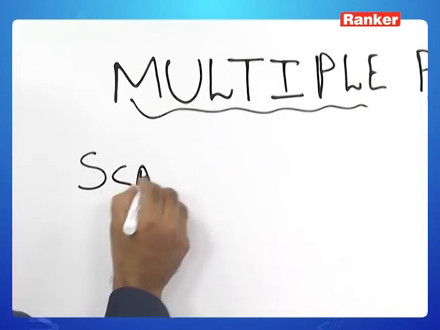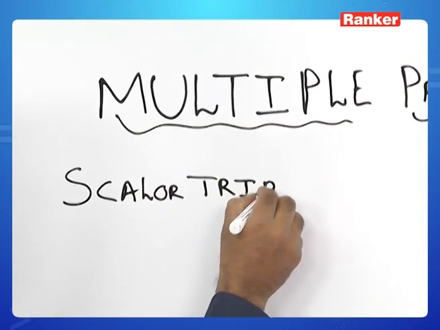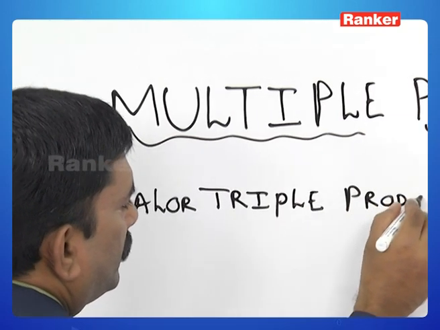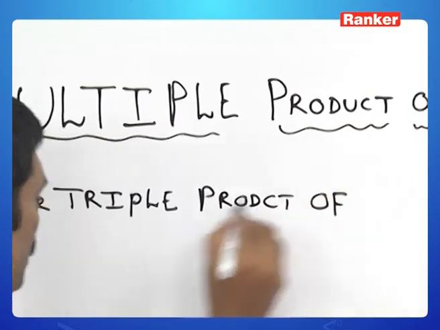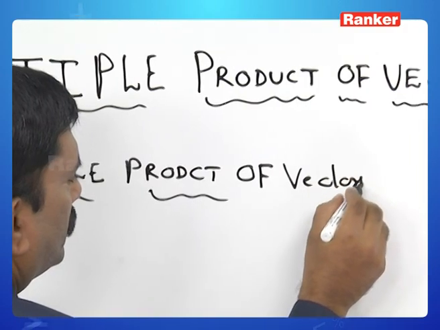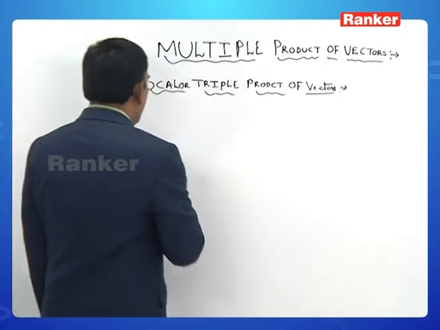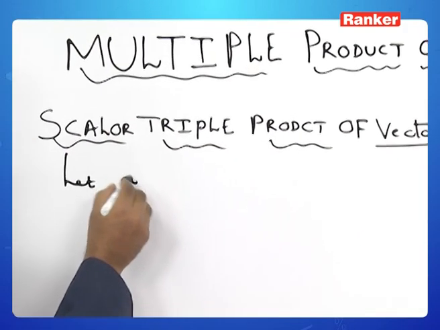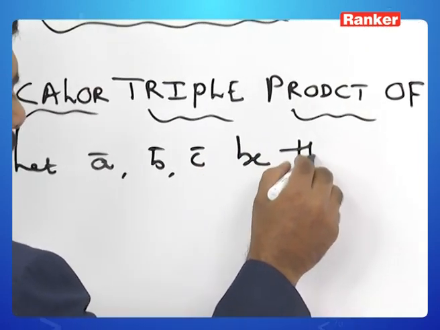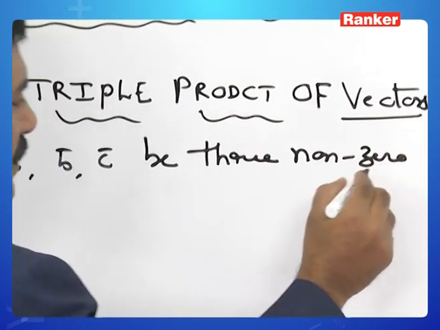Definition of scalar triple product of vectors: let A bar, B bar, C bar be three non-zero vectors.